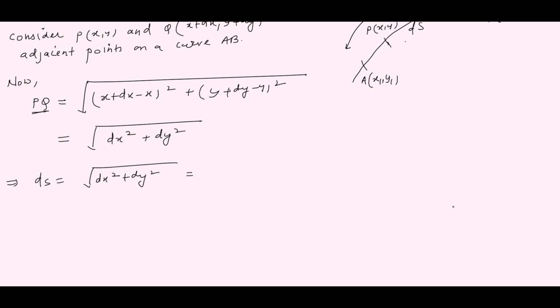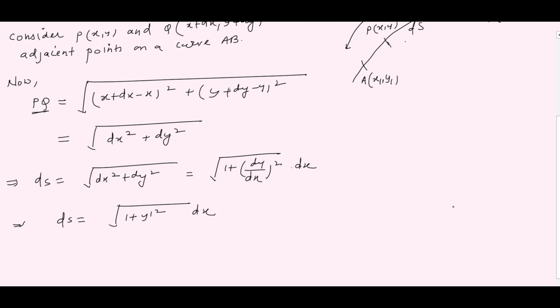Taking dx square common, we get the square root of 1 plus (dy over dx) whole square, multiplied by dx. From here the value of ds will be the square root of 1 plus y dash square dx. So this is our required ds.